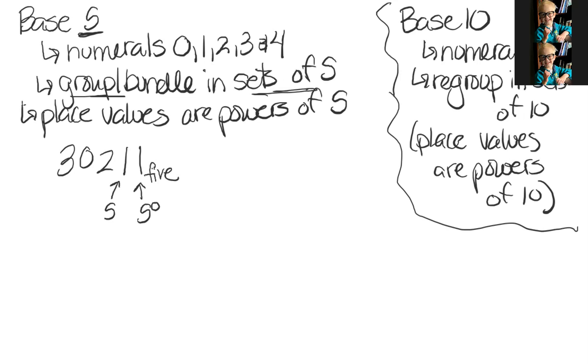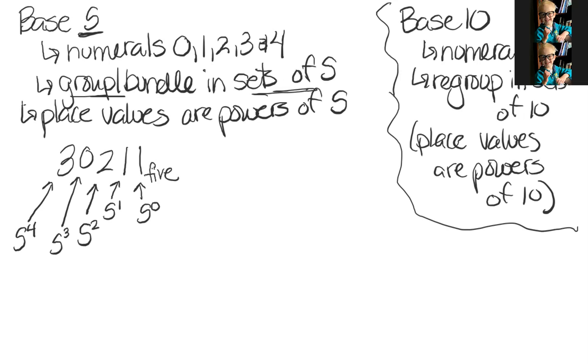This is our 5 to the first power, our 5s. We would call them 5s, not 10s. This is what we would call hundreds, but this is our 5 to the second power. This is our 5 to the third power. And this is our 5 to the fourth power.